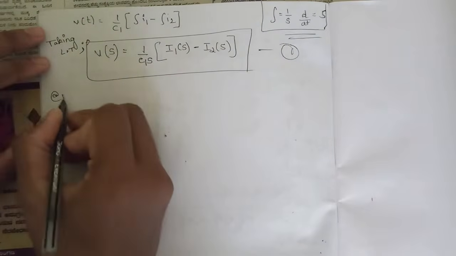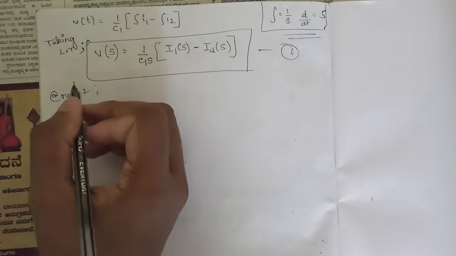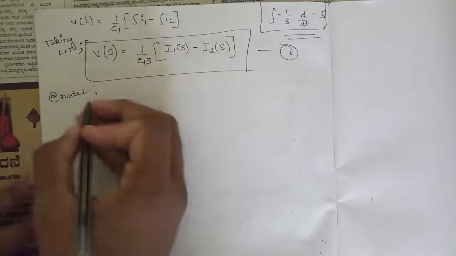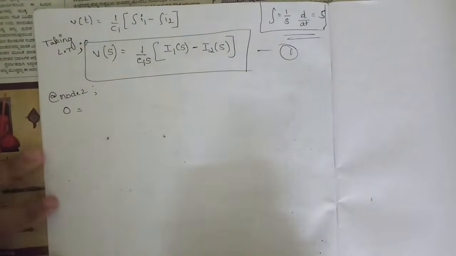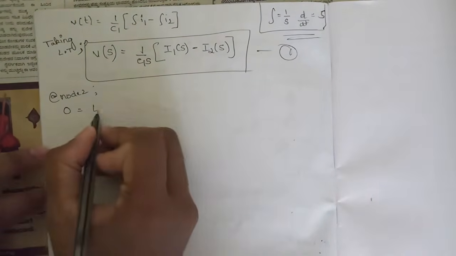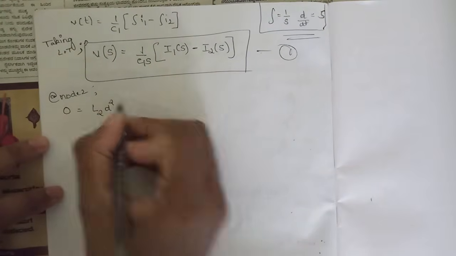Now at node 2, since the force is equal to 0, write it as 0. And now the first thing we have is L2, right?